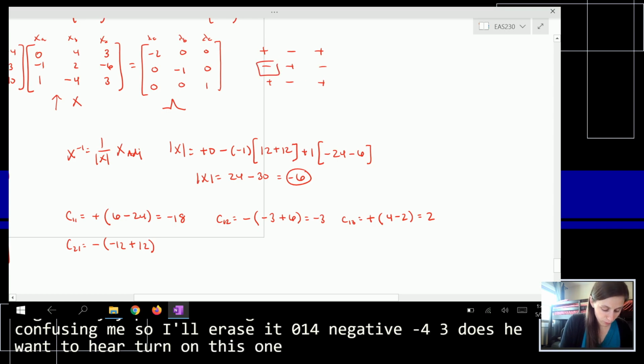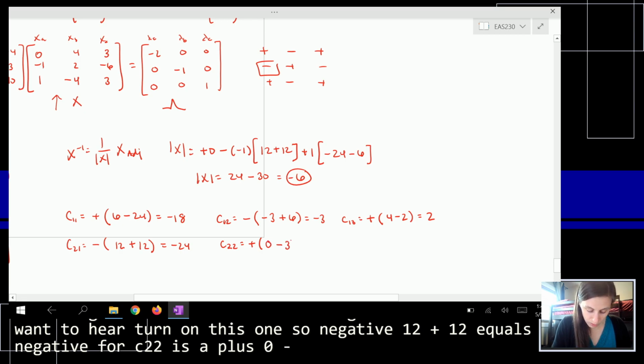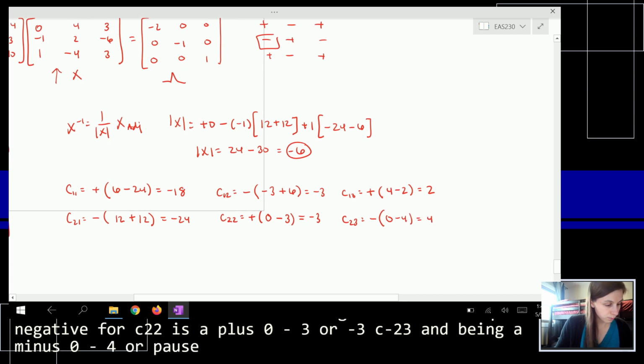So negative 12 plus 12, equals negative 24. C22 is a plus 0 minus 3, or negative 3. C23 ends up being a minus 0 minus 4, or positive 4.